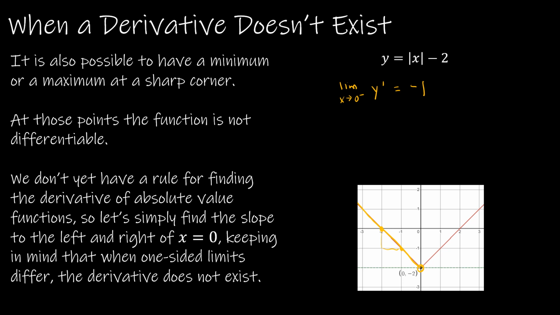Now, if I do the same from the right side, the limit as x approaches 0 from the right of the derivative, that means, of course, that this is a positive slope. I'm going up 1 to the right 1, so that's +1. Because those two one-sided limits disagree, the derivative does not exist at this point.